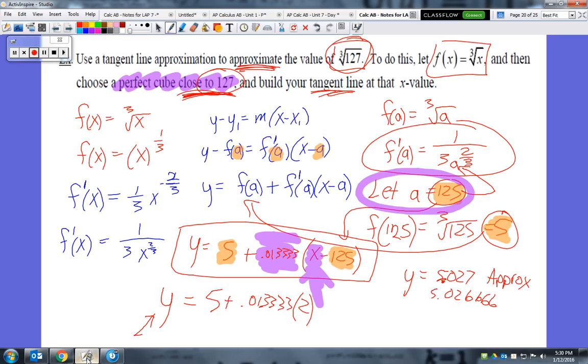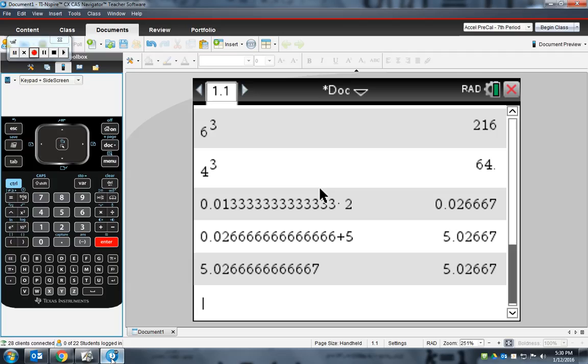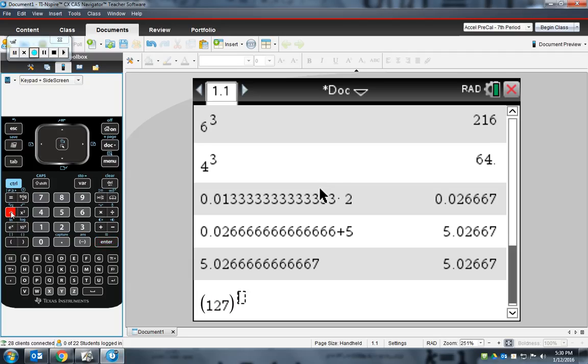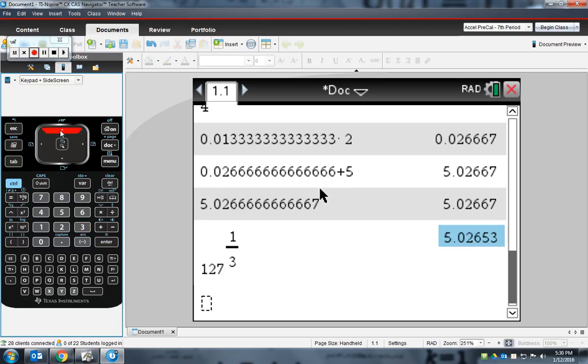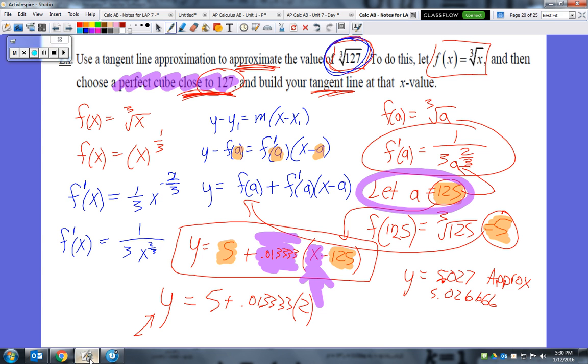And the actual answer would be, what is the actual cube root of 127? We're not using the tangent line. We're going straight to the cube root of 127. So let's put 127 raised to the power of 1/3. This answer would be right here. So we get 5.026526. This is the actual.